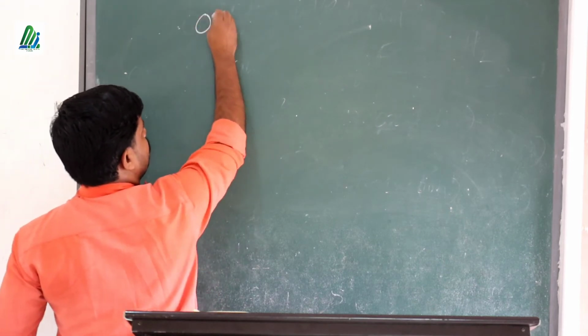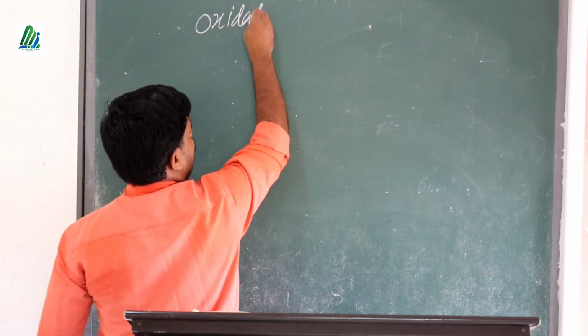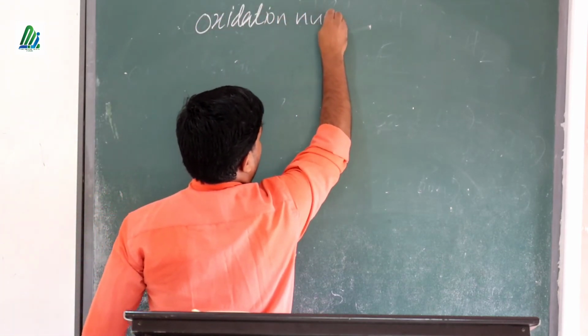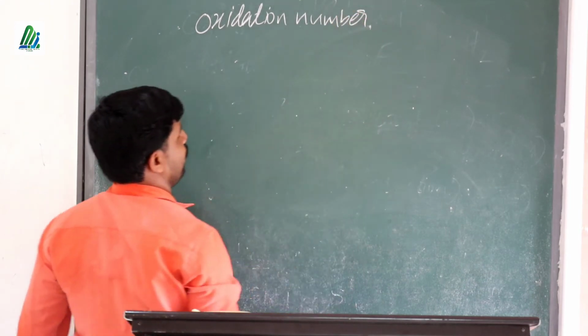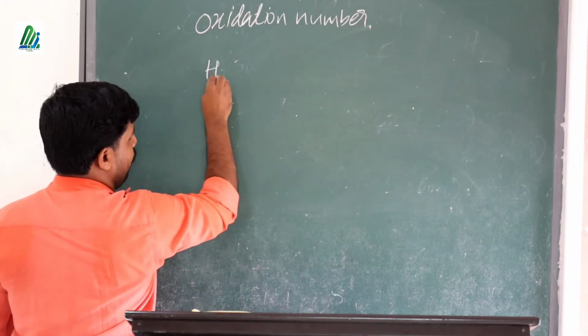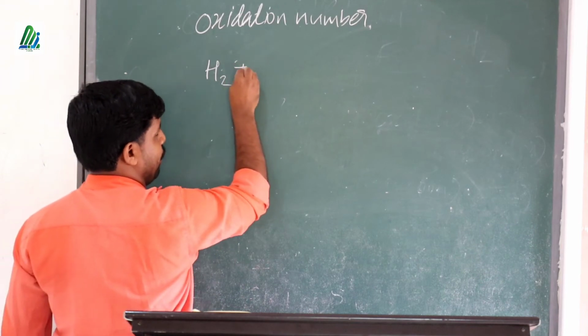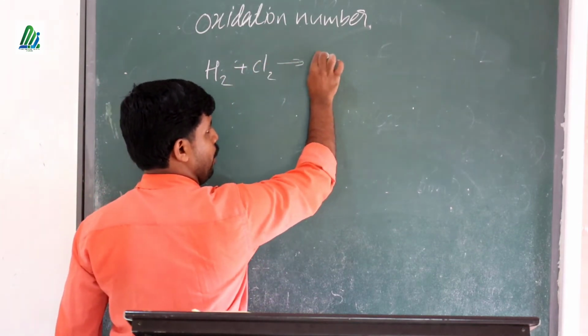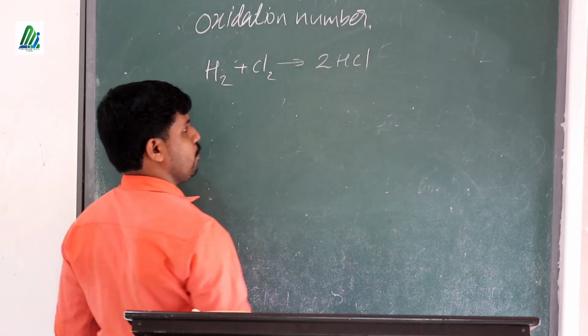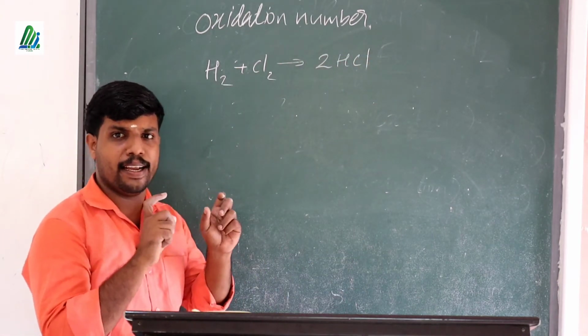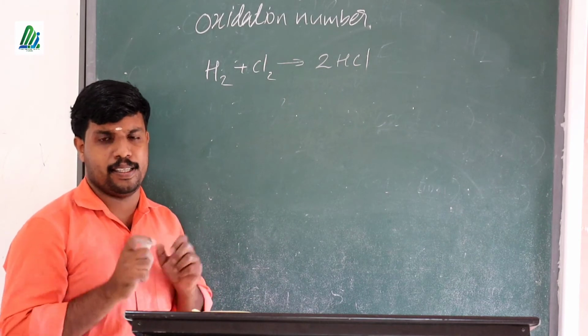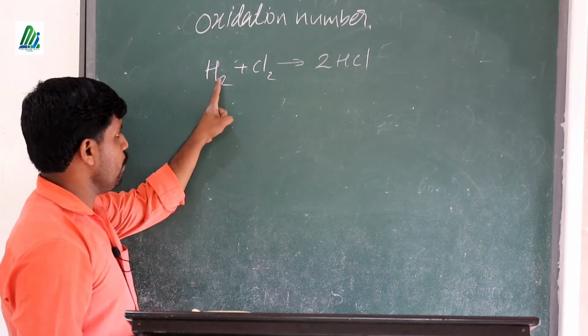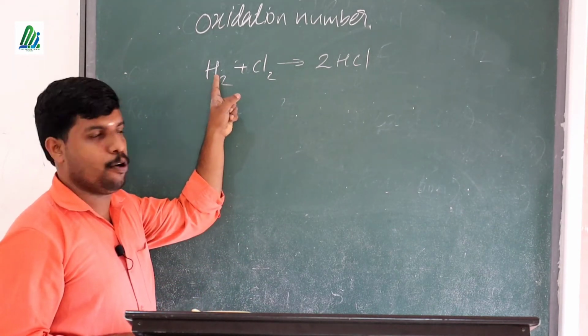Oxidation number. Look here. When hydrogen reacts with chlorine, it forms hydrogen chloride. Get an idea related to this, it is important. So hydrogen is in elemental or molecule form.